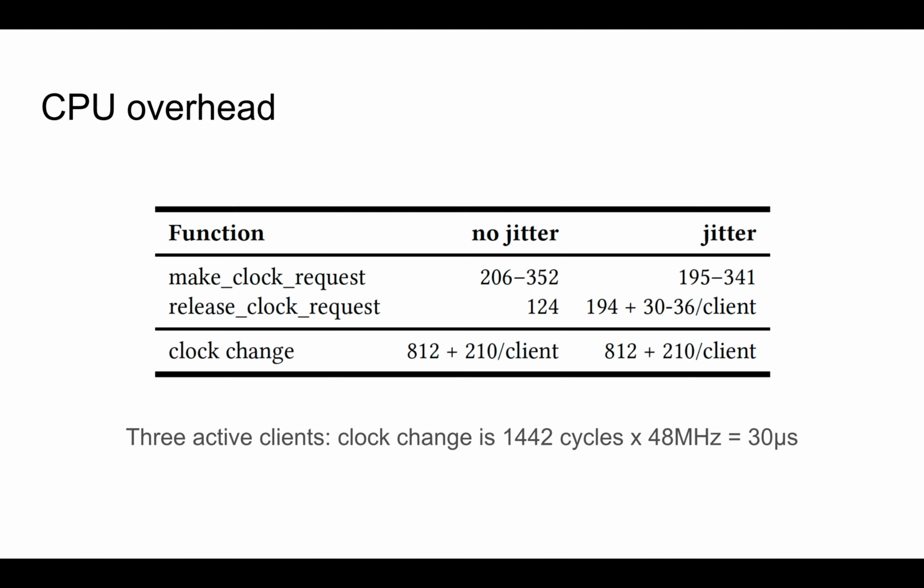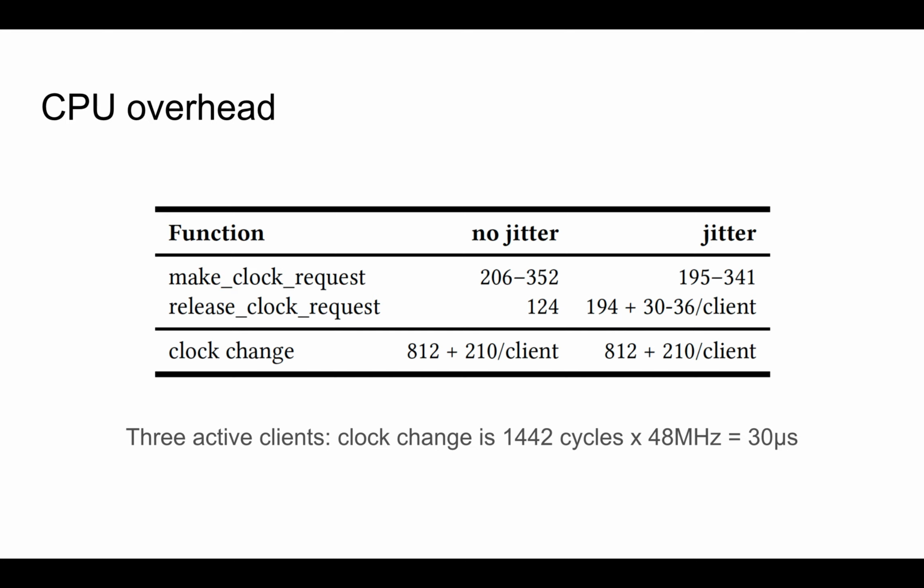We show the CPU cycle overhead of Power Clocks operations. It includes clock manager logic, but not the cost of actually changing the clock, since any dynamic policy has that cost. Some operations require iterating across pending or current requests, so their overhead increases with the number of active clients.